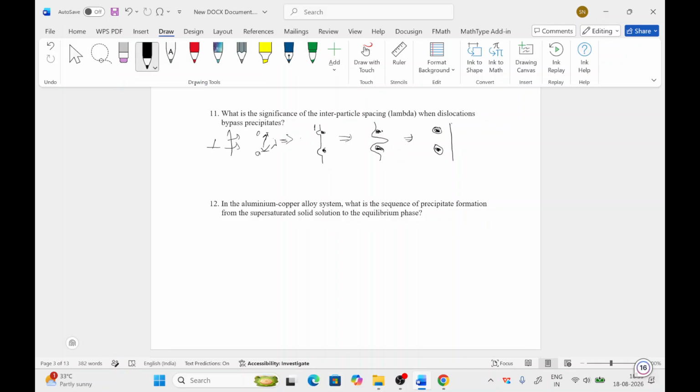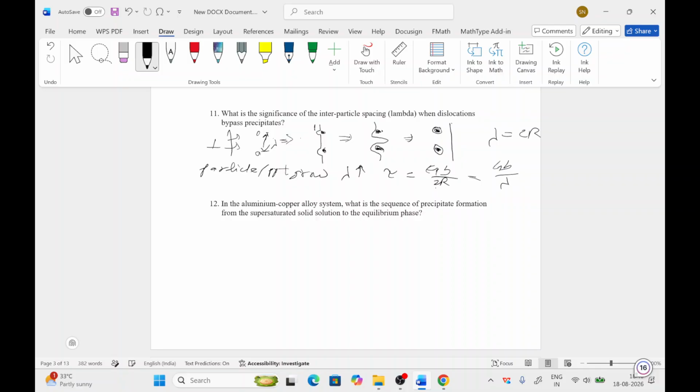As the precipitate grows, lambda increases, and the stress required is generally written as tau equals GB by 2R. Here 2R is the distance between the two precipitates, so lambda equals 2R, and it can be written as GB by lambda.